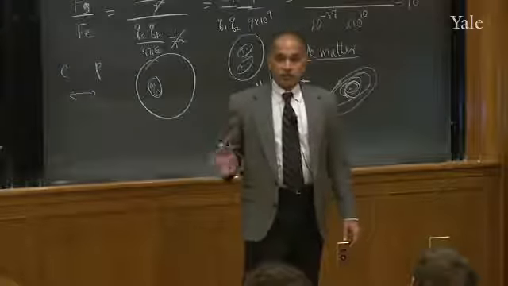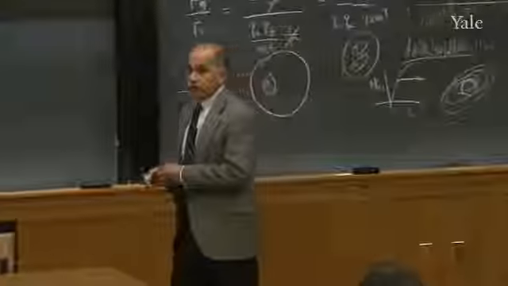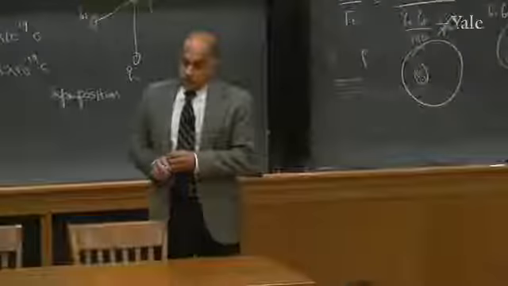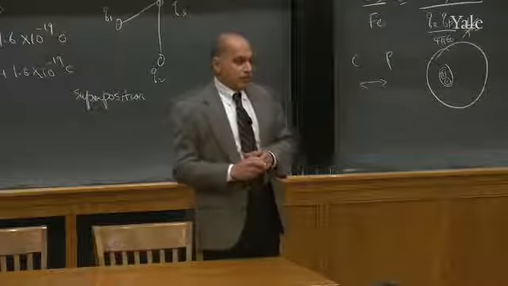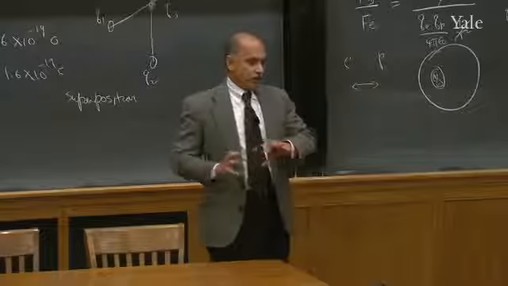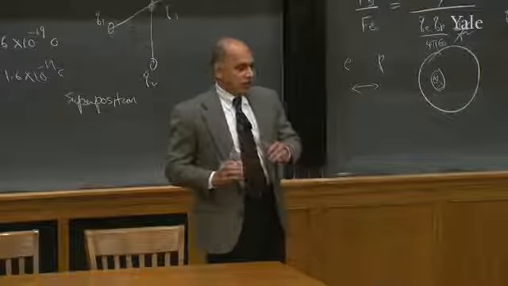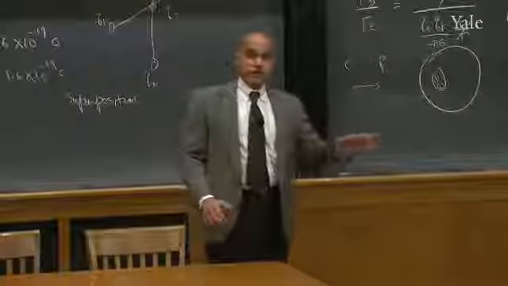That's called background. You got to throw the background out, and whatever is left has got to be due to dark matter. And again, how do you know it's dark matter? How do you know it's not something else? Well, you can see that if you're drifting through dark matter in a moving Earth, you'll be running into more of them in the direction of motion and less in the other direction, because you're running into the wind.